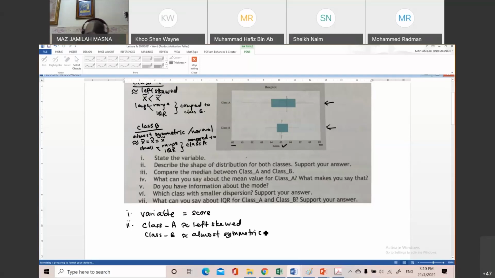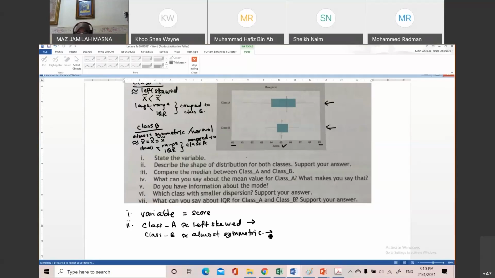What else? Okay, support your answer. No, we haven't supported our answer. Now, how do we support our answer? For left skewed, what can you support? Remember just now we were talking about the equal boxes, equal box and whiskers, length of whiskers.